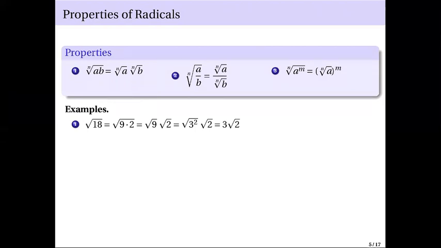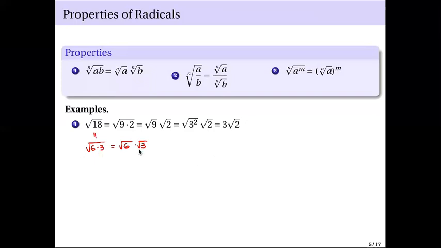And just like I said earlier, you can write this as square root of 6 times 3, correct? And you may want to separate them. You have square root of 6 times square root of 3.